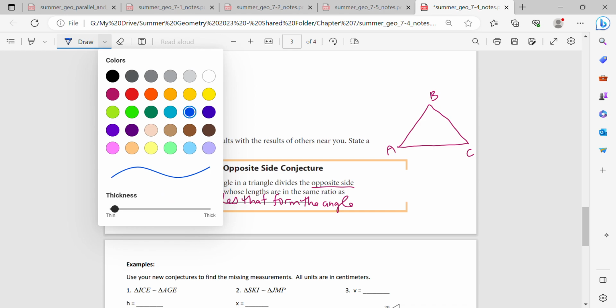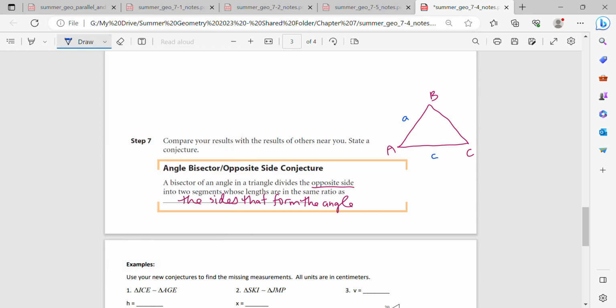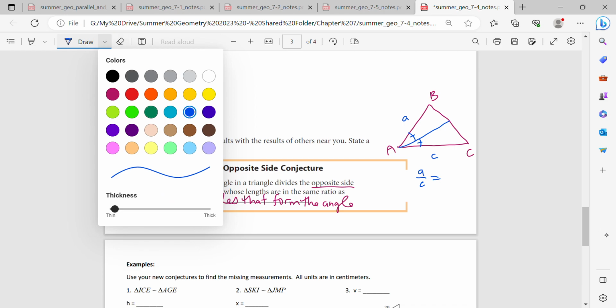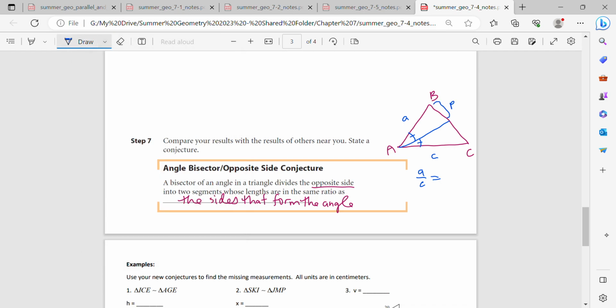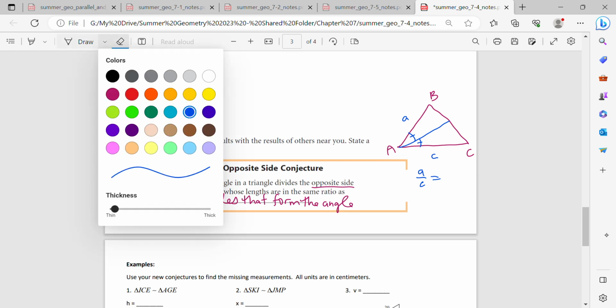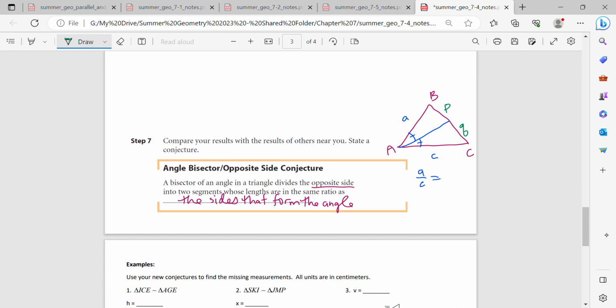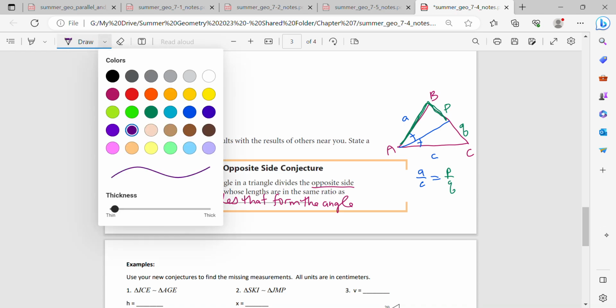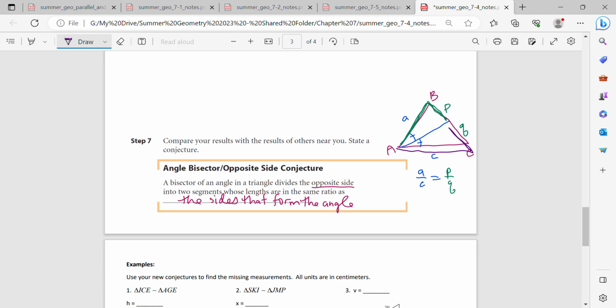Let's call this segment little a and this segment little c, and let's bisect angle A. What this conjecture says is that the ratio of a over c equals, and then our opposite side, let's call this P and this Q. a over c is P over Q. So again, here's how I remember this. a and P connect, so they go in the numerator, and c and Q connect, so they go in the denominator. That's what this conjecture is saying.